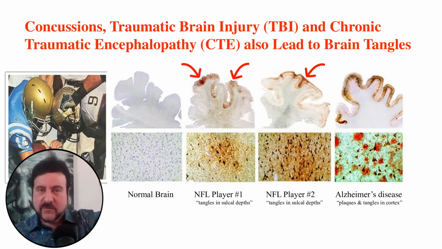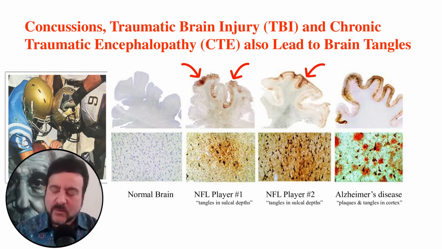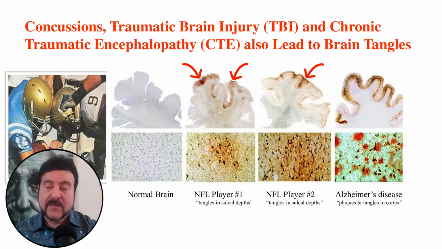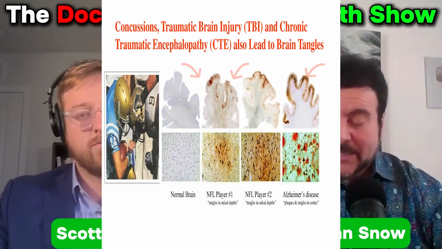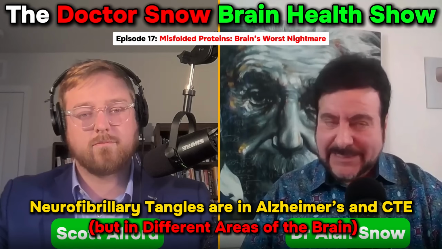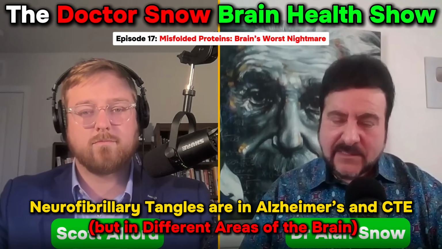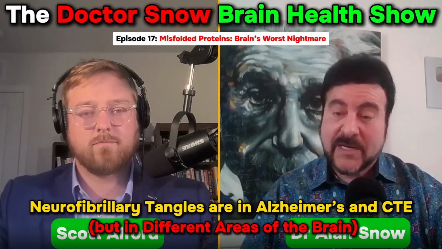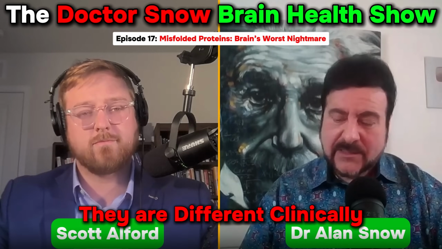It's in the grooves of the actual brain called the sulci, and we can show a picture of what that looks like. So some of the similarities are like you have tangles in Alzheimer's, you have tangles in CTE, but the differences are it's in different areas of the brain. So that becomes very important on what you see clinically.